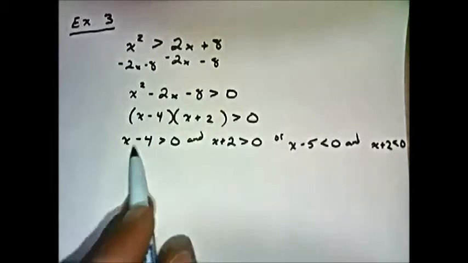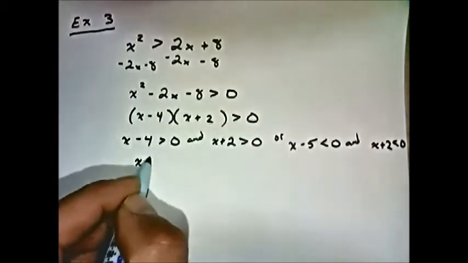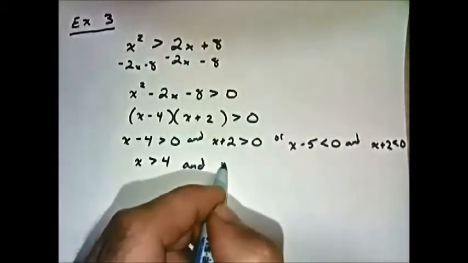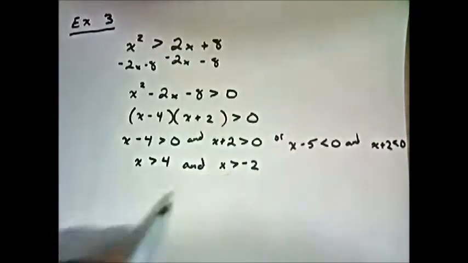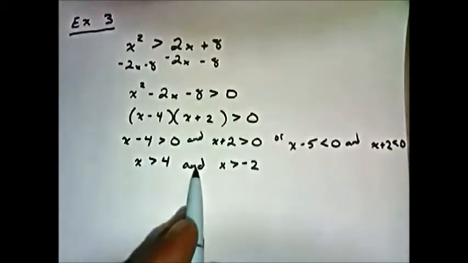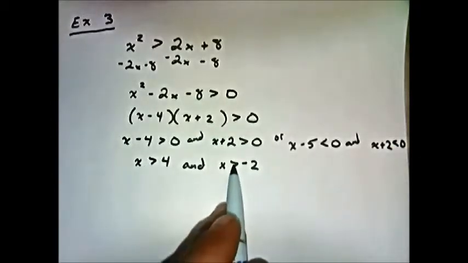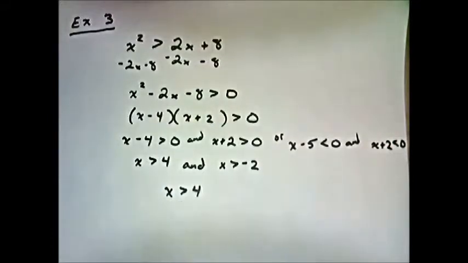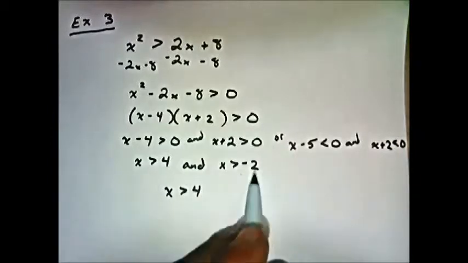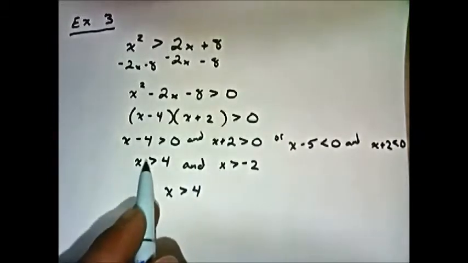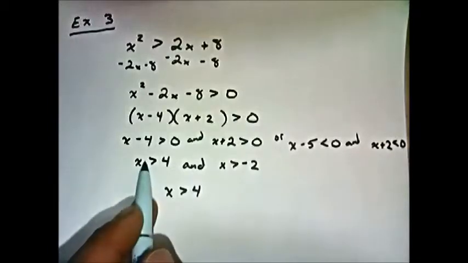Working the left side, we have x is greater than 4 and x is greater than negative 2. If x is going to be greater than 4 and greater than negative 2, we know that it has to be greater than 4. If x were equal to 0, for example, it would not satisfy this part of our AND statement.